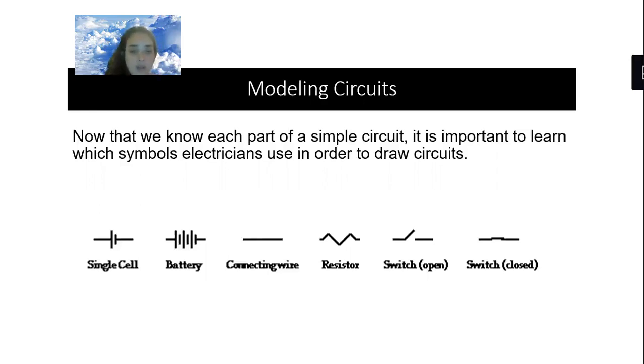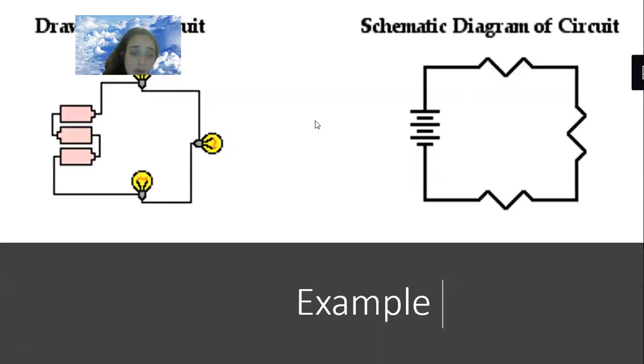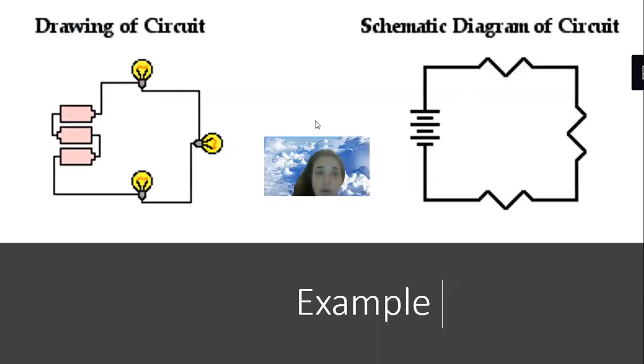Okay, so let's put these to practice. This is an example of what drawing a circuit using a schematic diagram would look like. So here we have a drawing of a circuit with 3 batteries and 3 light bulbs, and they're all being connected through wires.